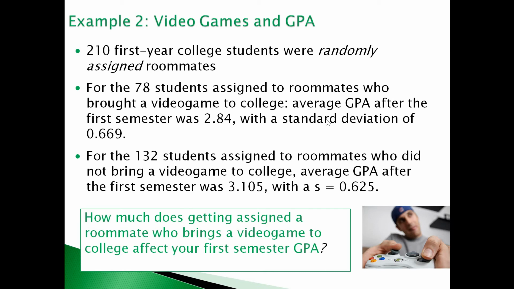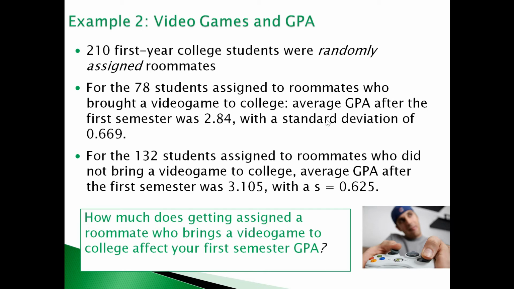For the rest, which are the 132 students assigned to roommates who did not bring a video game to college, average GPA after the first semester was 3.105, with a standard deviation of 0.625.